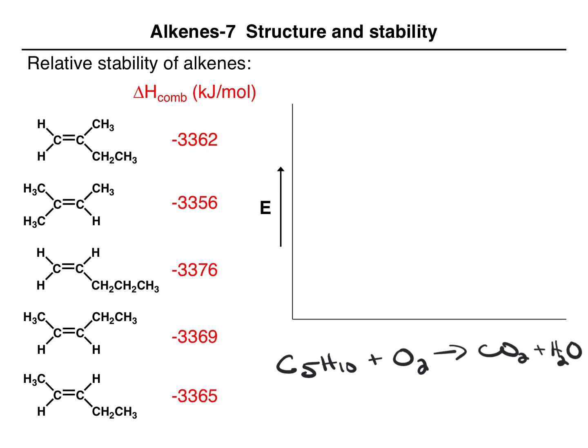We can balance this. We need 5 CO2s. We can balance this equation because we have 5 carbons on the left. We need to have 5 carbons on the right. We have 10 hydrogens on the left. So let's try 5 water molecules. This is going to give us a fraction.